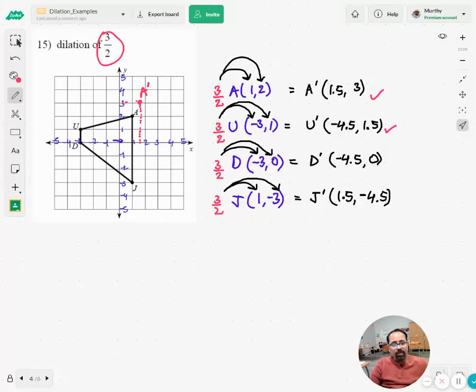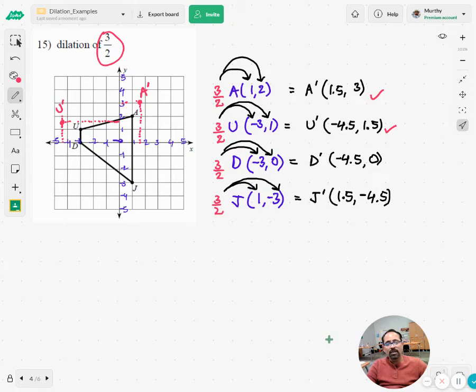Coming to U prime, it is (-4.5, 1.5). So on the x-axis, negative 4.5 is here, and y is 1.5, which lies between 1 and 2. So this is the point where I see U prime.